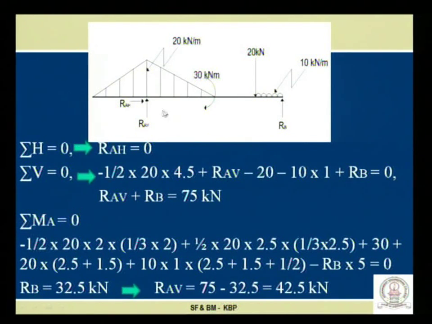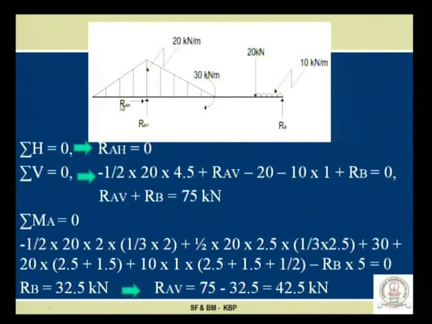So I wish you see how to find out the support reactions. It is very easy for you. So we found RAV is equal to 42.5 kilonewton, RB is 32.5 kilonewton, and RAH is equal to 0.